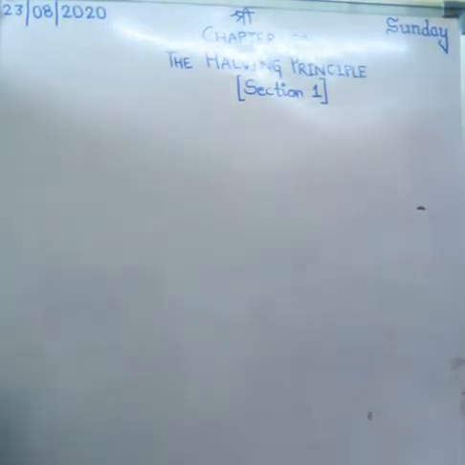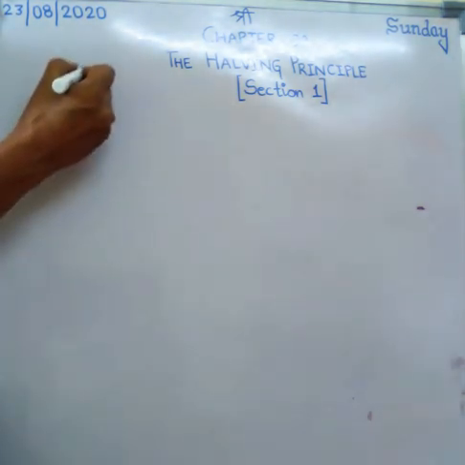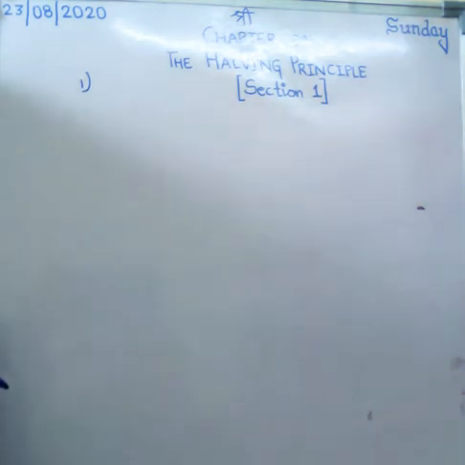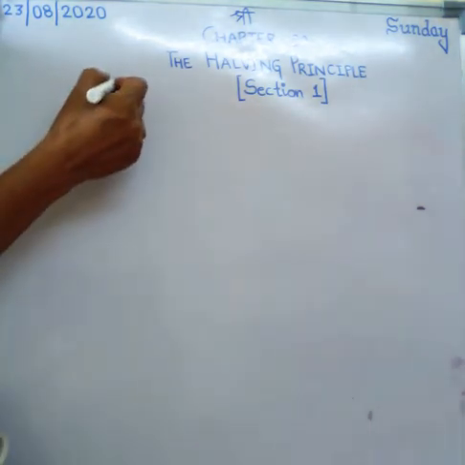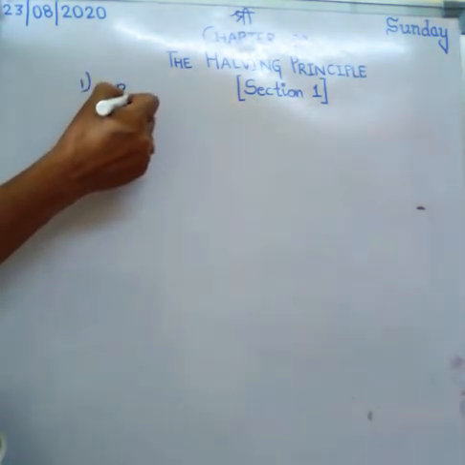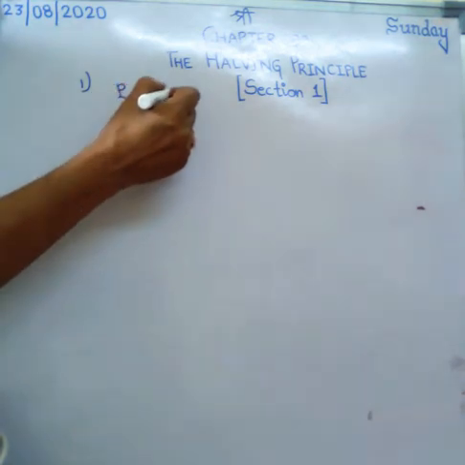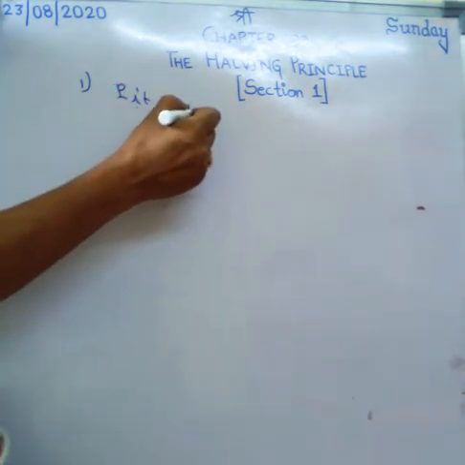We do not employ Halving principle in the following cases. First one is, if a word contains more than one syllable, if a vowel follows final T or D, Halving principle is not employed. For example, pit, pity.